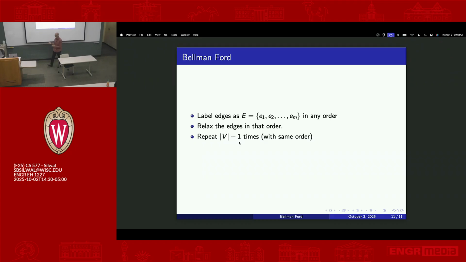Of course, it's not clear why this is correct. I'm just doing some local improvements. But what we'll show in a bit is that if you do this, with the source fixed, it will give you the shortest path from that source to all the other nodes. At least does the algorithm make sense?